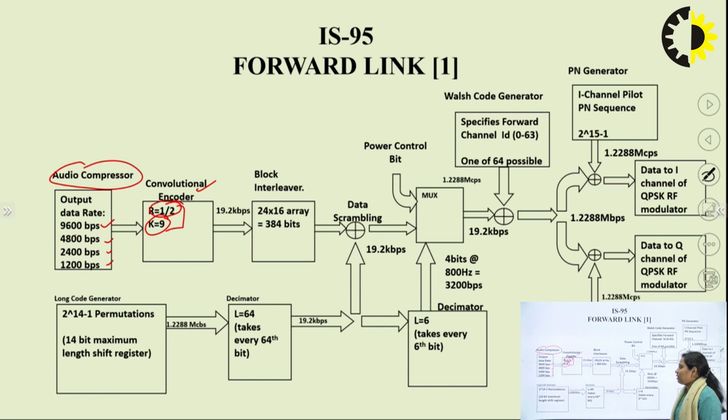Then it is applied to a block interleaver. Now this is nothing but a kind of matrix which is of 24 cross 16. So 24 rows and 16 columns are there. So the actual number of bits associated with this block interleaver will be 384 bits. Now it is applied to this modulo 2 adder.